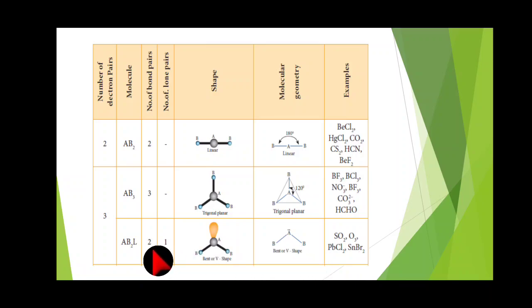Here we find 2 bond pairs and 1 lone pair. The lone pair is shown like an orange shadow, right? The molecular geometry is bent or V shape. What are the molecules? SO2 sulfur dioxide, ozone, lead chloride, and stannous bromide.